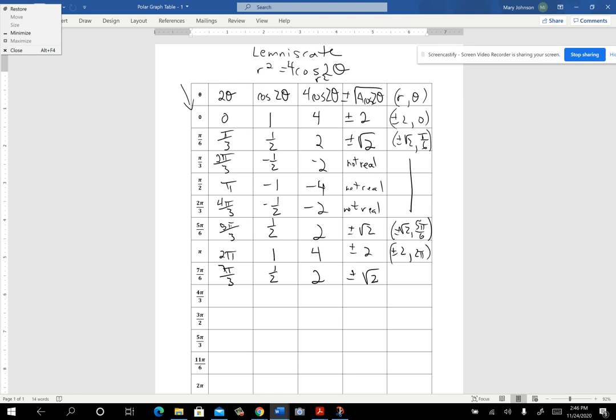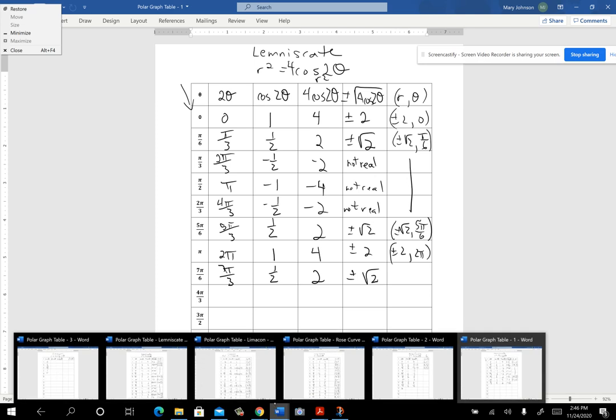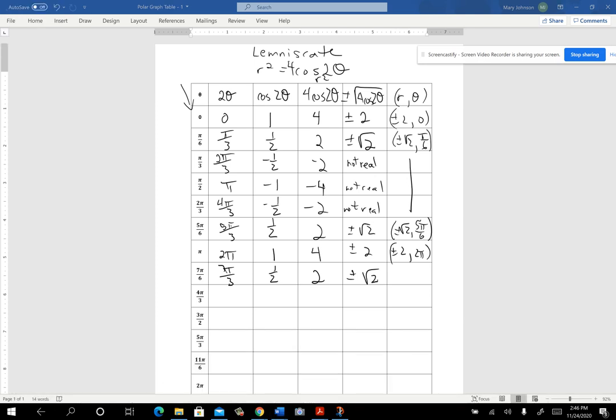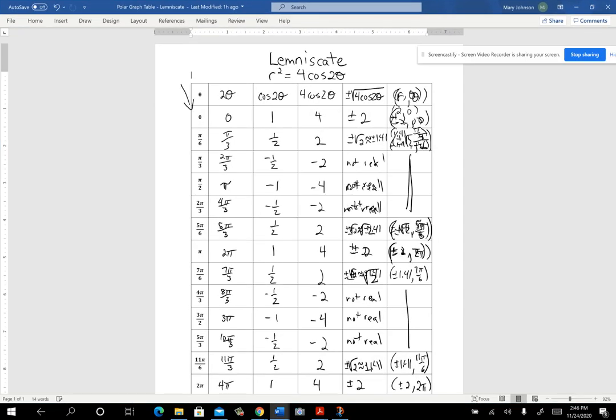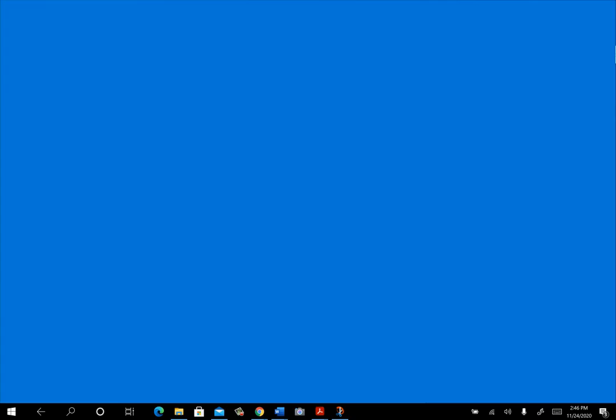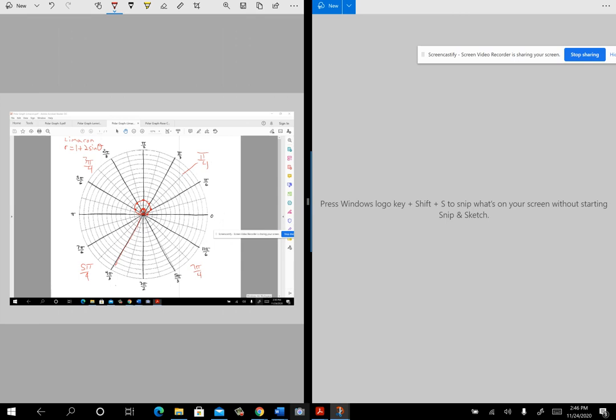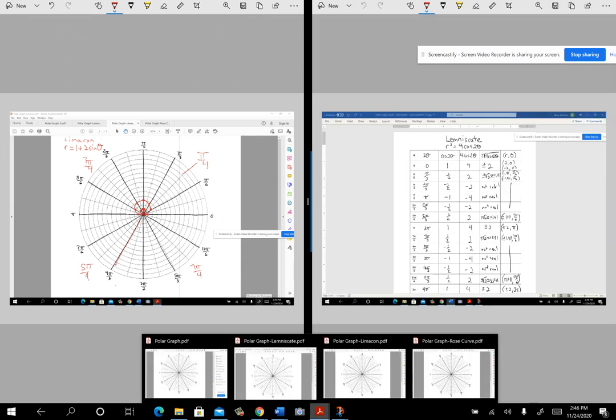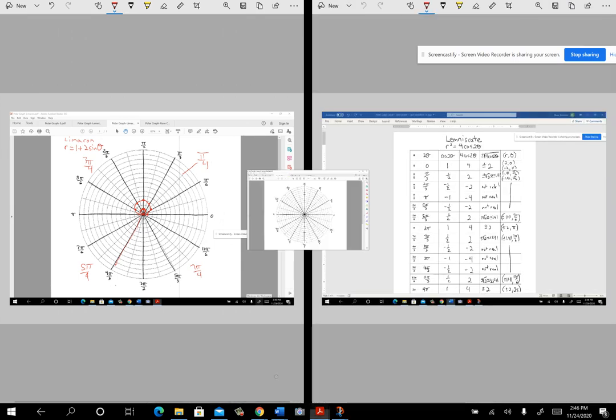All right, so the completed table for a Lemniscate. So here's where I've completed the table. Let me see if I can get that to not have that extra little, there we go. So here's your Lemniscate. All right, so I'm going to snip that one and bring up the graph paper to do the graph.